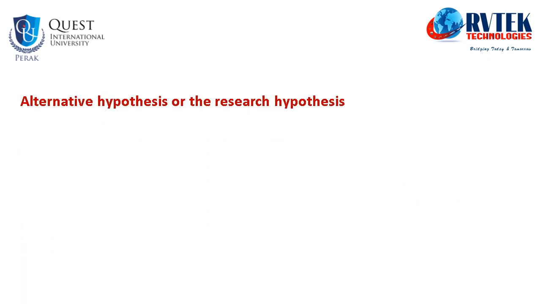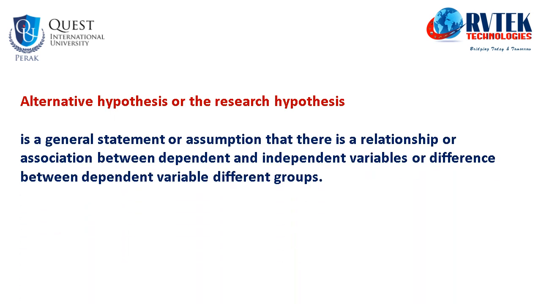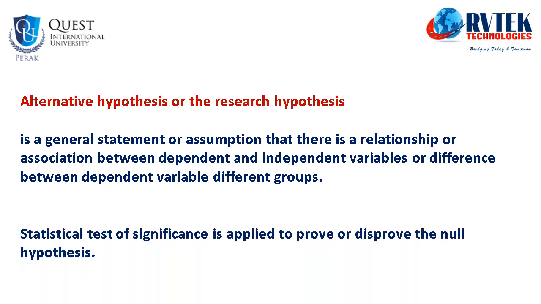Alternative hypothesis or research hypothesis. Okay, it's a general statement or assumption that there is a relationship or association between dependent and independent variables, or a difference in the dependent variable in different groups. A statistical test of significance is applied to prove or disprove the null hypothesis.